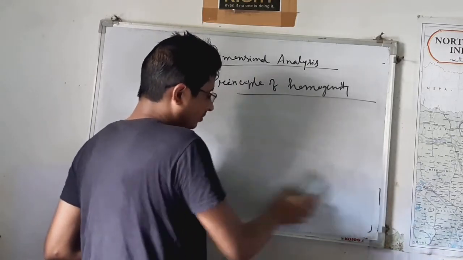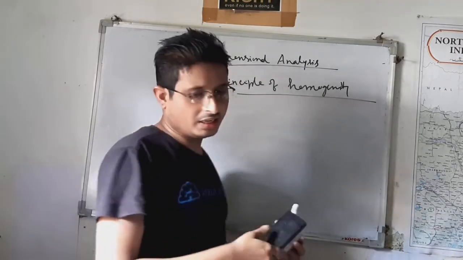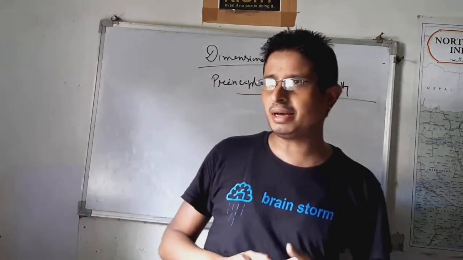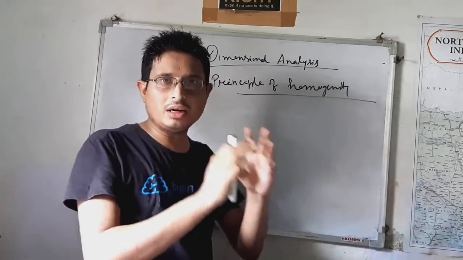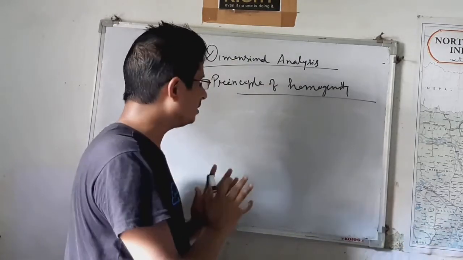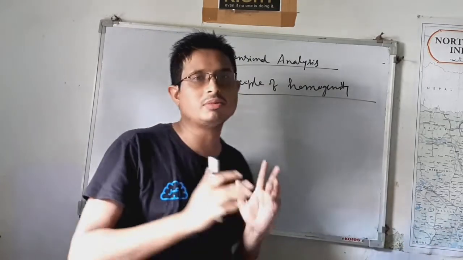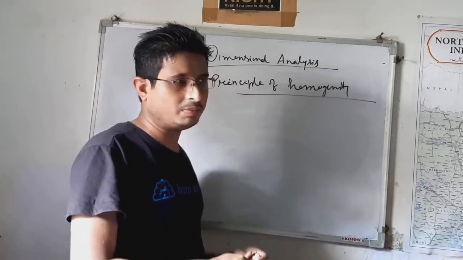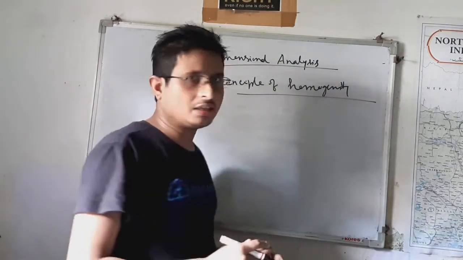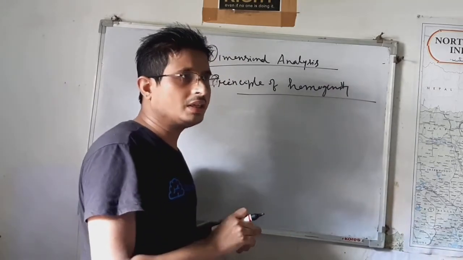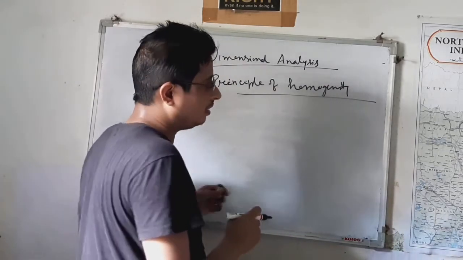To check any physical equation, we have to check whether that particular equation obeys the principle of homogeneity or not. Suppose we want to check the dimensional consistency of a physical equation.